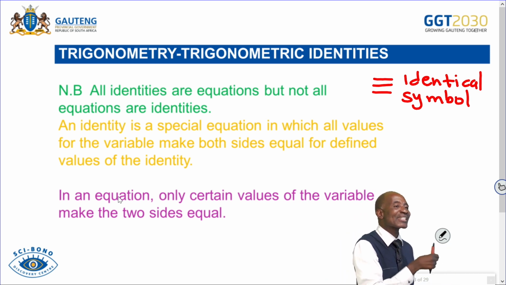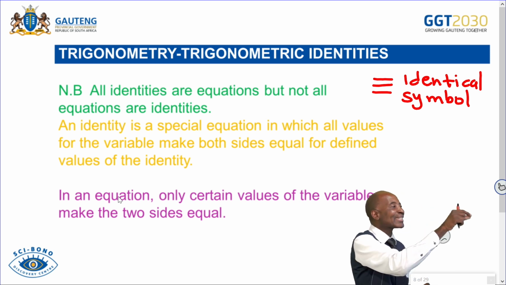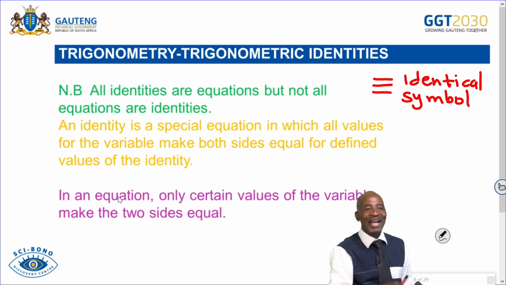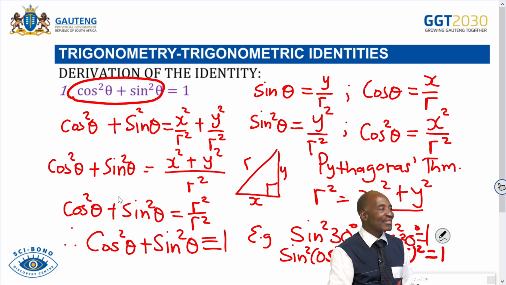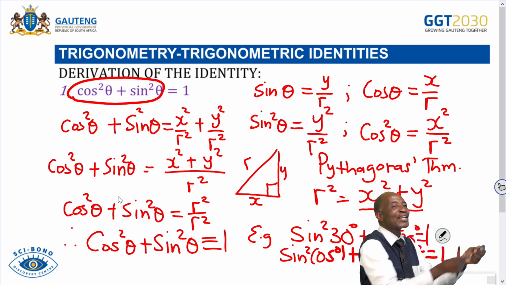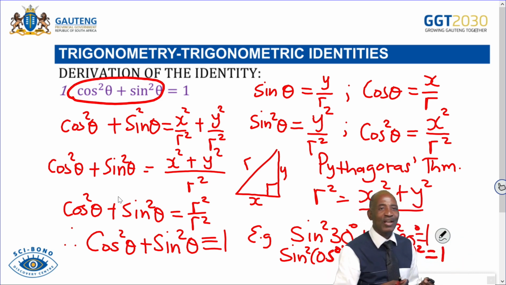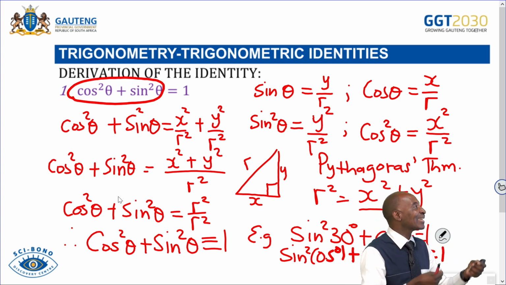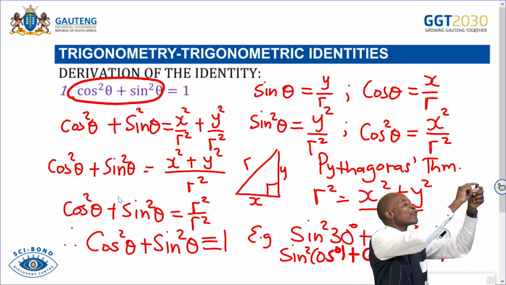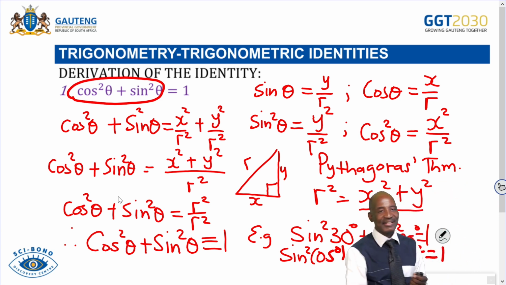There are some equations that don't qualify to be identities. There are some equations that qualify to be identities, like this identity that we have just derived. This identity qualifies to be called an identity because of its special property. What is this special property? Its special property is that it balances for all values of x where it is defined.